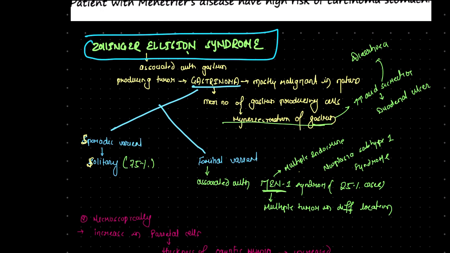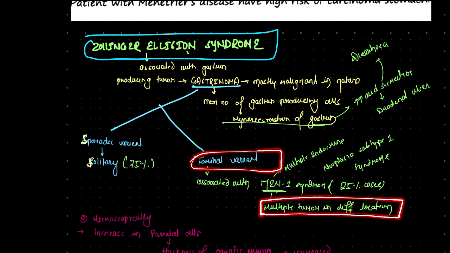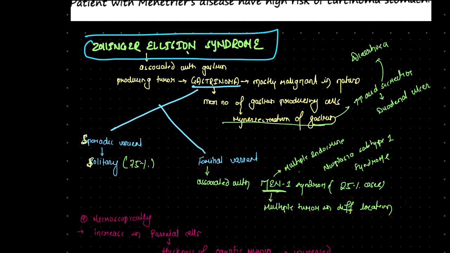In the familial variant, there will be multiple tumors in different locations, as the name multiple endocrine neoplasia suggests. So there will be multiple tumors in different locations in our stomach.